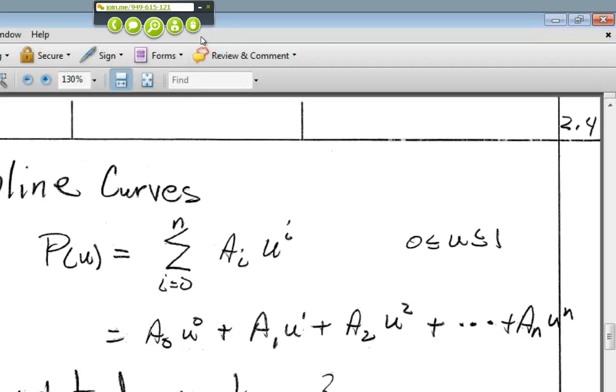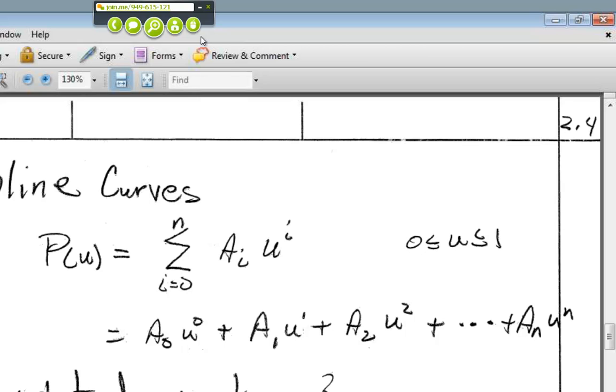When we expand that out, we get a0 u to the 0th power, a1 u to the first, a2 u squared, dot dot dot, an u to the n. So it's a polynomial of nth order, and it's nth order based on how many points we give it, right?